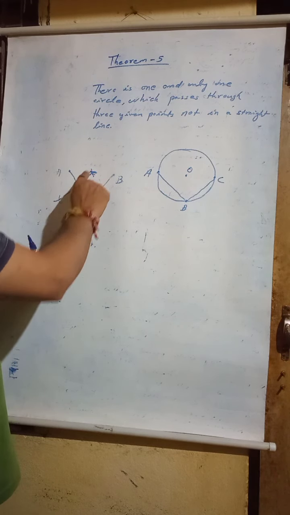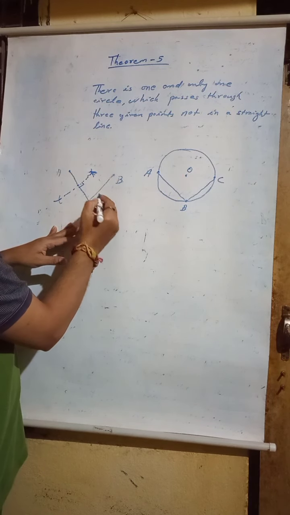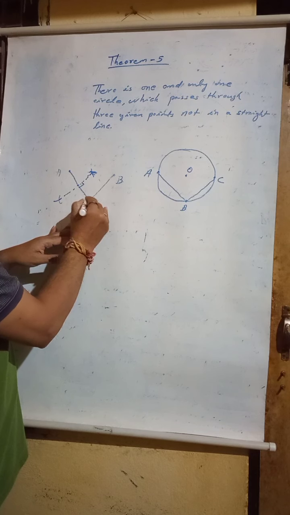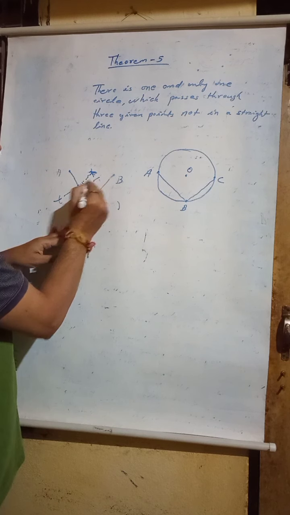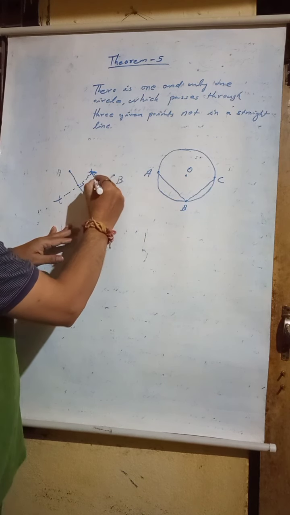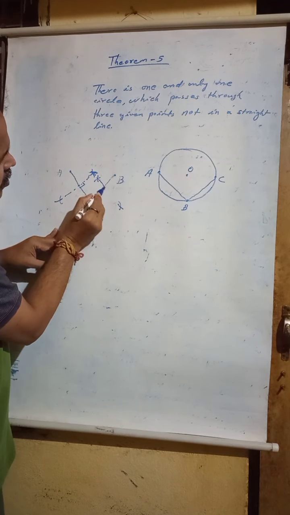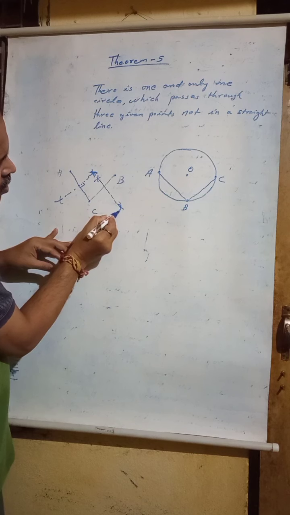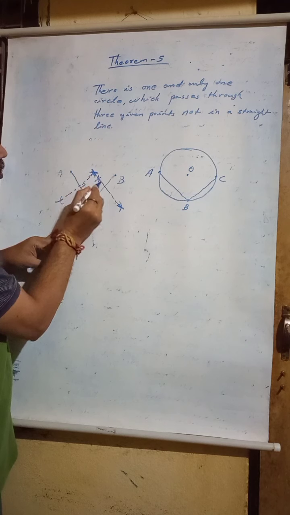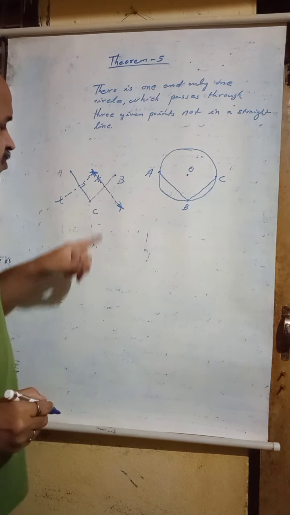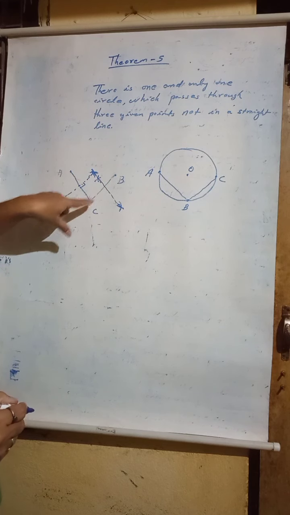Now joining this line, we are getting one line. Again the same for BC: keep the compass here, take more length like this and like this also. Now join these two. So you can see the perpendicular bisector of the lines AB and BC.